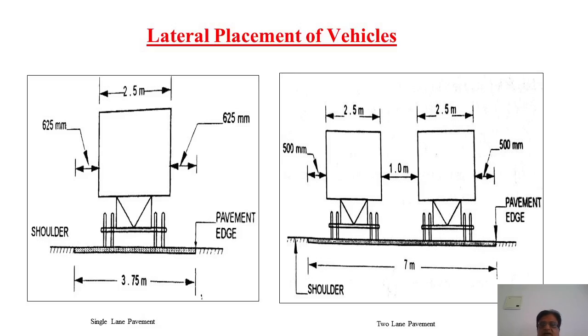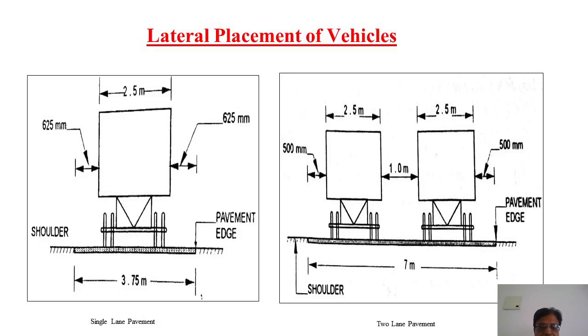Let's say the lateral placement of vehicles both in the case of a single lane as well as the two lane. So just now I said that the maximum width of the vehicle is 2.44 meter, say 2.5 meter. If that vehicle is traveling on a single lane, this is the pavement, this is the pavement edge, this one is the shoulder. So the pavement is having a width of 3.75 meter.